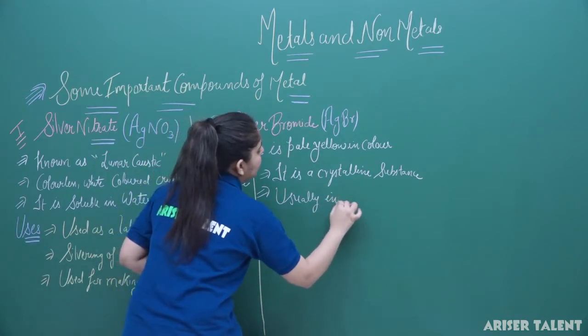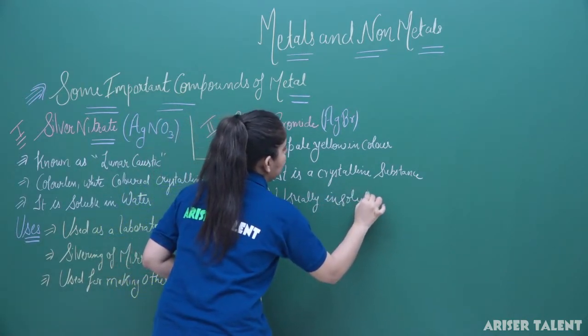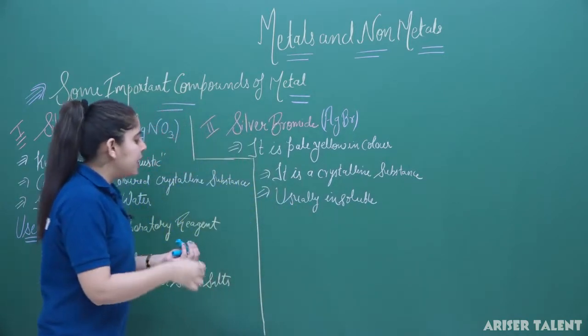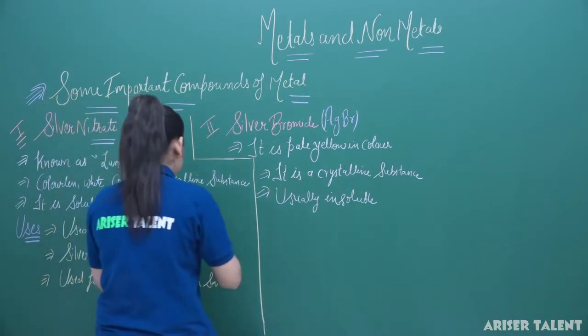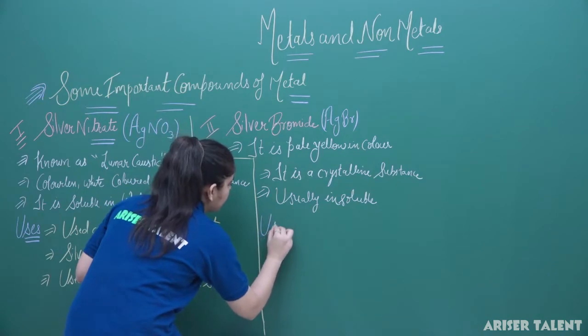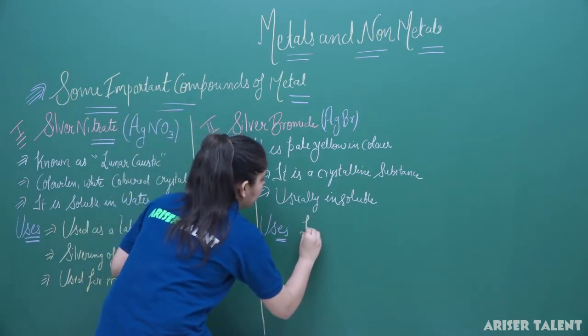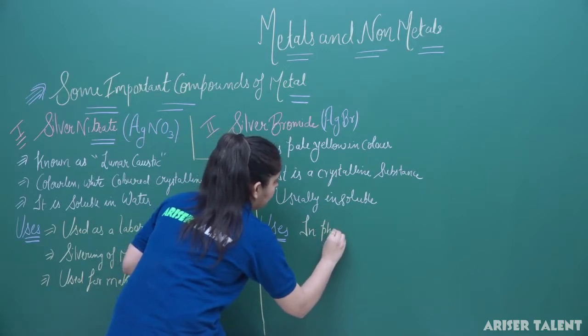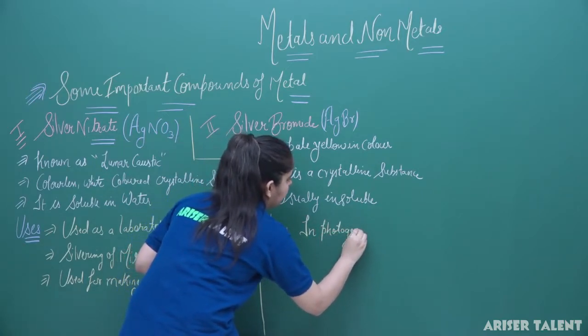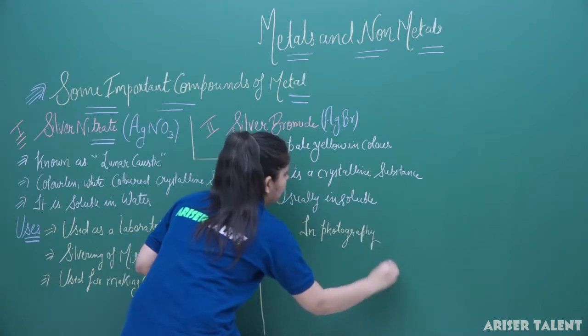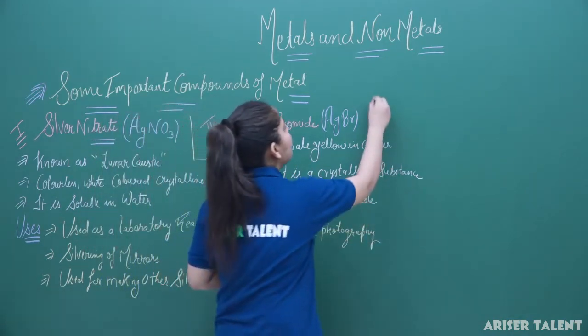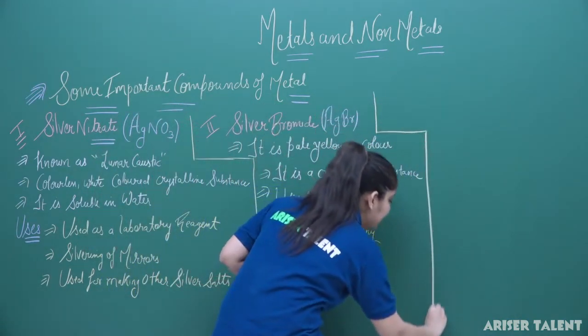And it is basically used in photographic plates. So its use is in photography. These are the uses of some of the metallic compounds we have dealt with here.